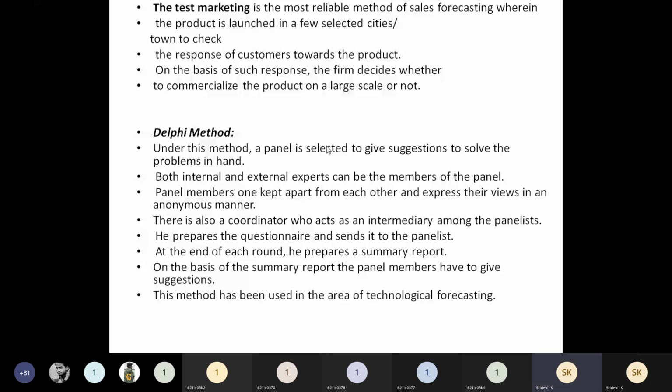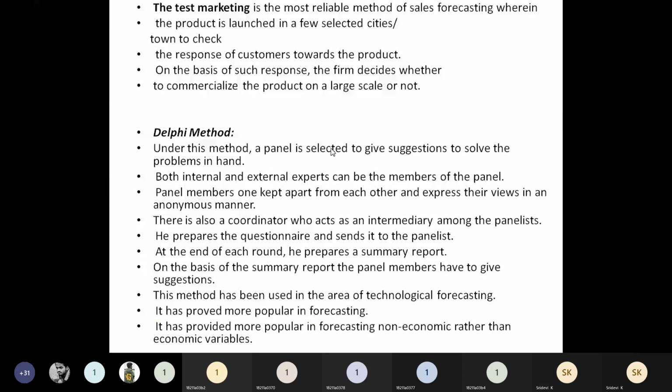So these are very popular modern techniques that people nowadays are using in forecasting sales. So with that we come to the end of different techniques of demand forecasting.